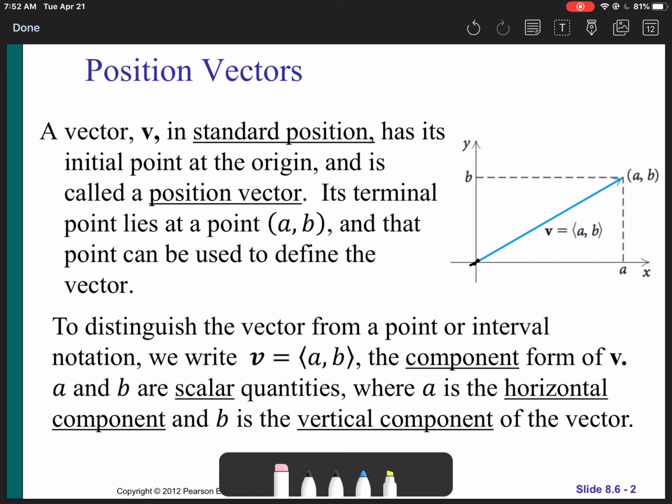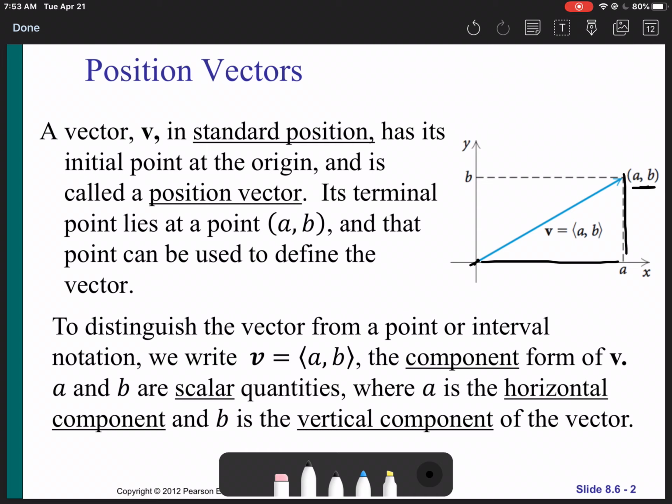Remember, every vector has a horizontal and vertical component. The horizontal component of your vector would be the length of that side of the triangle, which is the value of a. The vertical component would be the length of the other side of the triangle, which is the value of b.